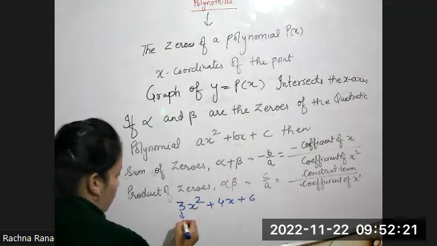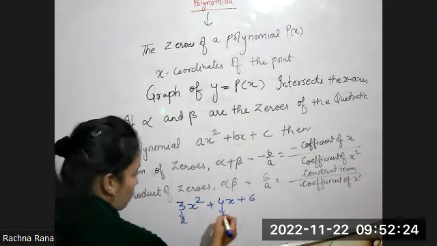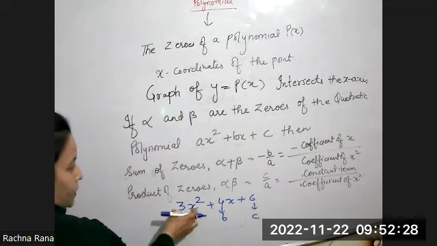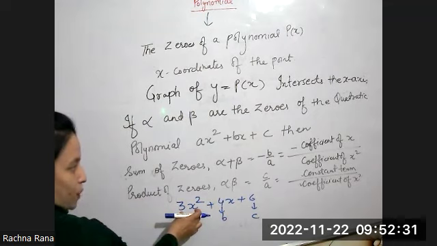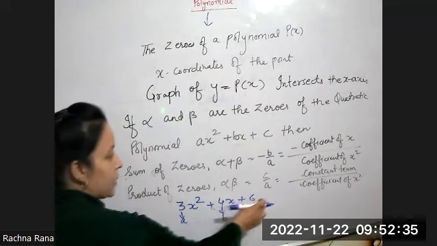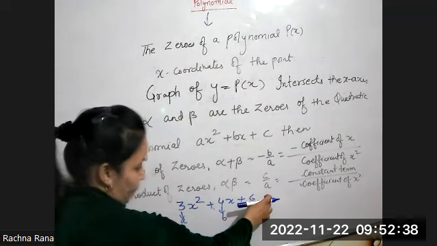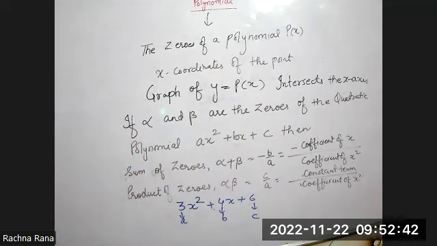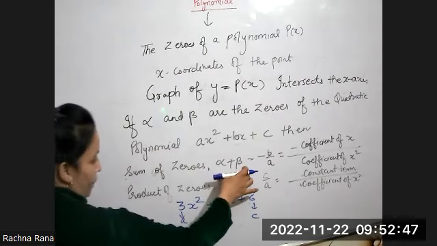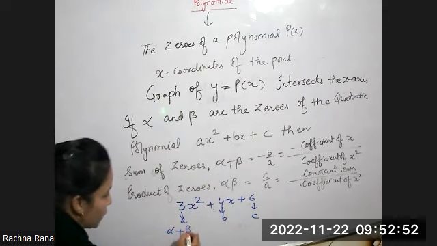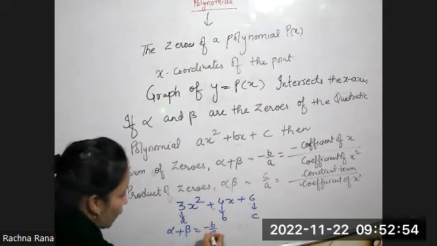This value is called a, this value is b, and this is c, because a is the coefficient of x raised to power 2, b is the coefficient of x, and c is the constant term. To find the sum of zeros, we take this formula: alpha plus beta is equal to minus b over a.